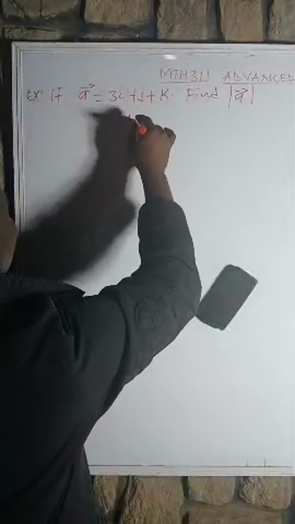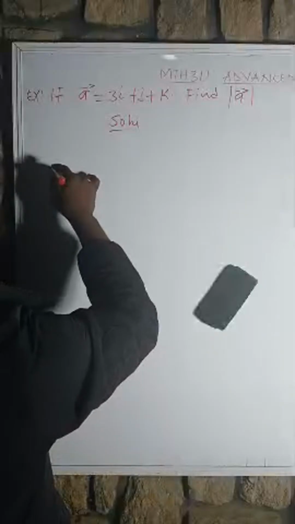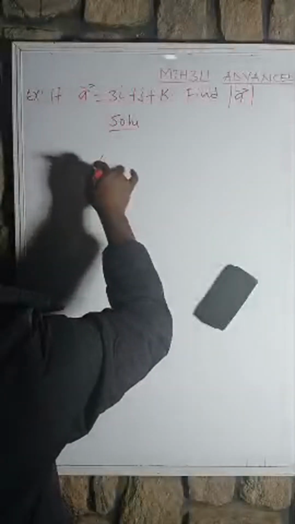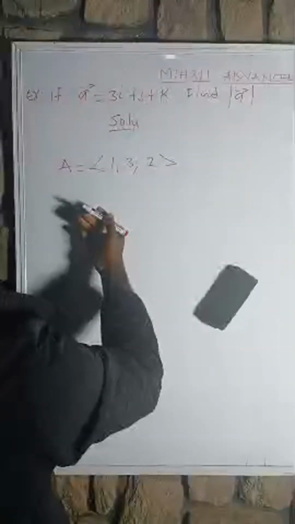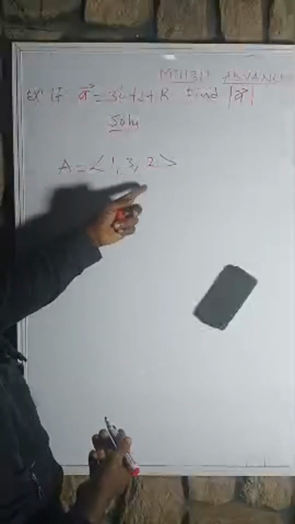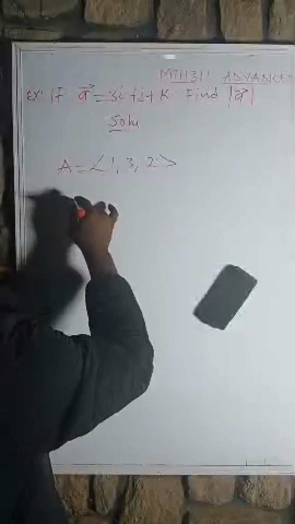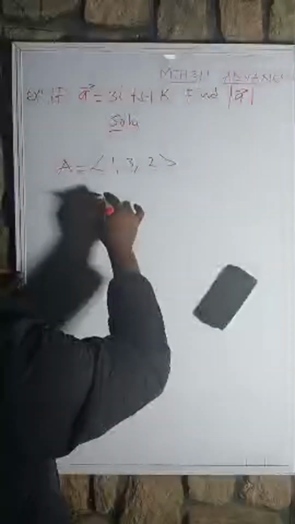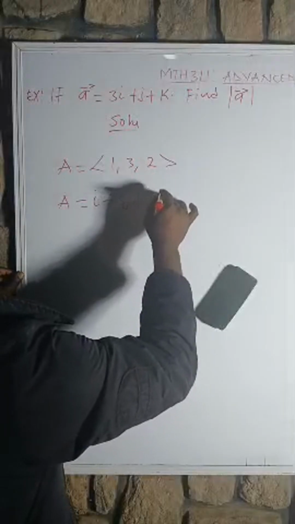But I think before we proceed further, I want to say something. Sometimes we can write a vector in this form. This is also a vector. We can write it in this form. If we want to interpret it, it means our vector A is i plus 3j plus 2k.